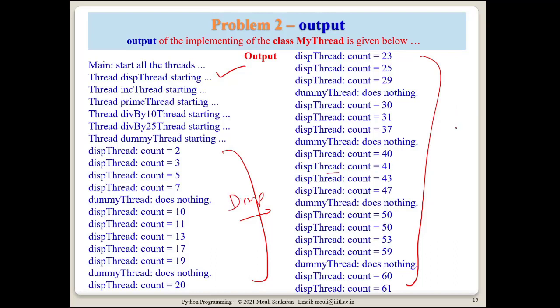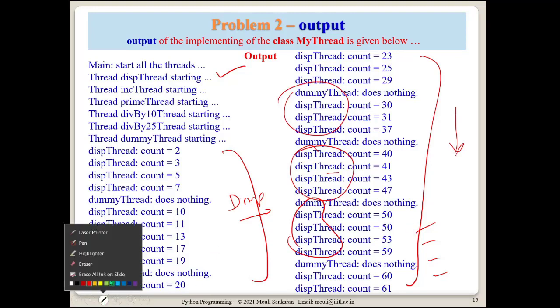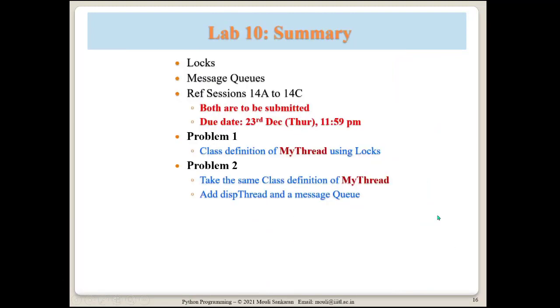Otherwise, the sequence will be the same, because the number is getting incremented in the same order and they will be printed like this. The other difference is that it is the display thread that is printing, not the individual thread. As I told you, you don't need to worry about which thread is sending the message, so you can print it. That's all I have.